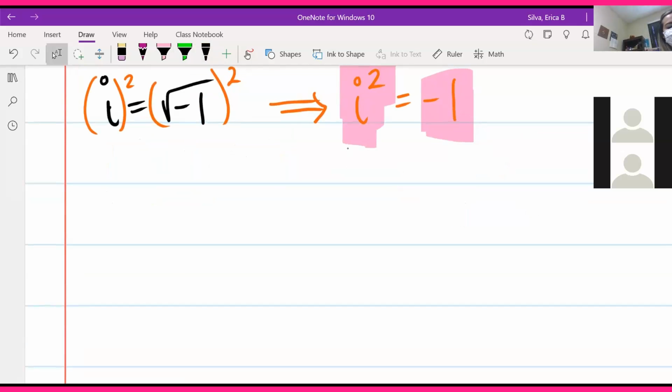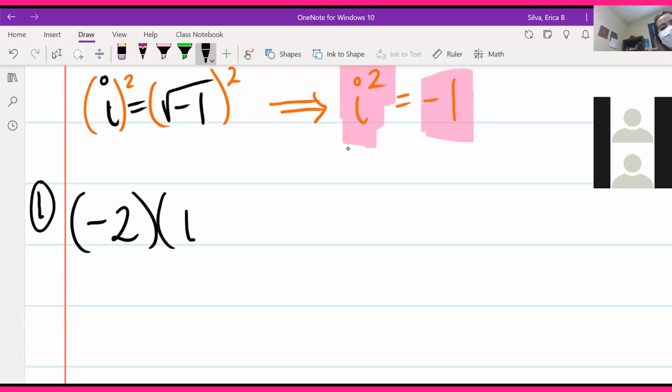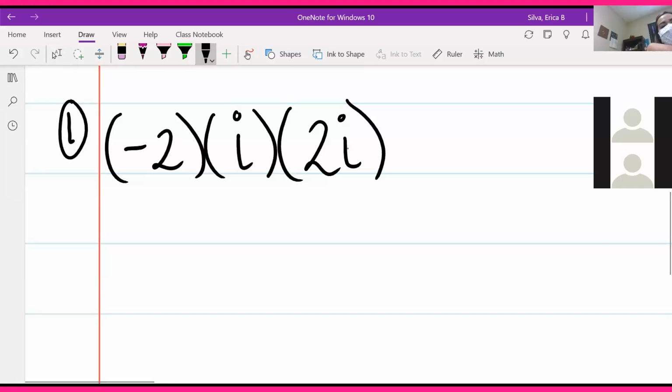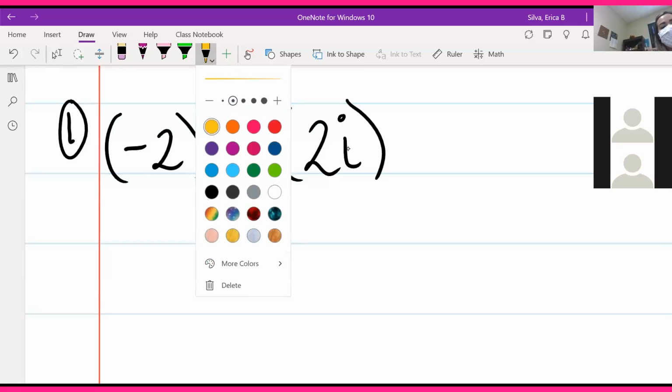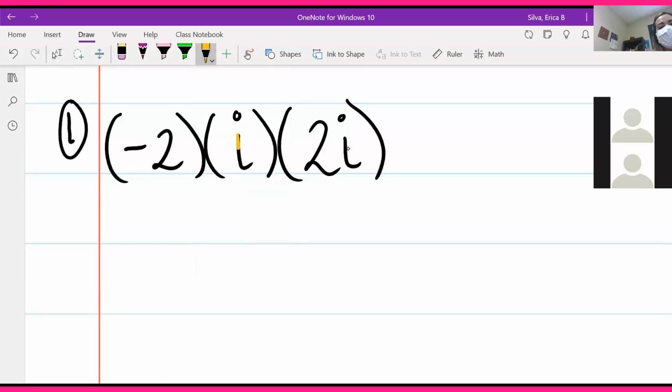Okay, let's start by multiplying -2i times 2i. When we multiply, we first multiply all of the coefficients. If you see the i, there's no number here, but it doesn't mean that there's no 1.